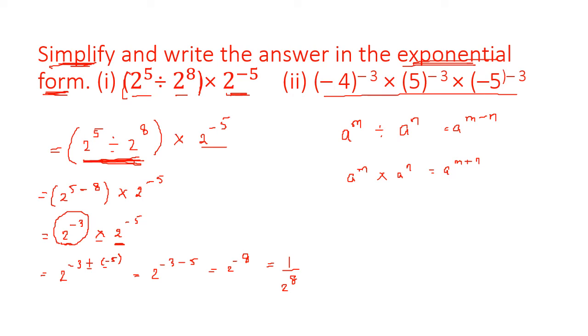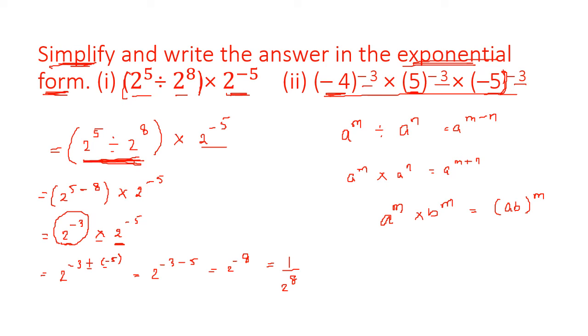But now what you can see, here the base is different, here the base is different, and here the base is different. But what is the same? You can see the power of all three is the same. So which law will we recall here? a raised to m into b raised to m is a into b the whole raised to m.